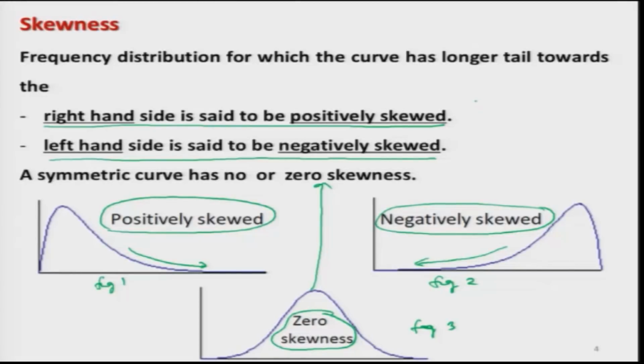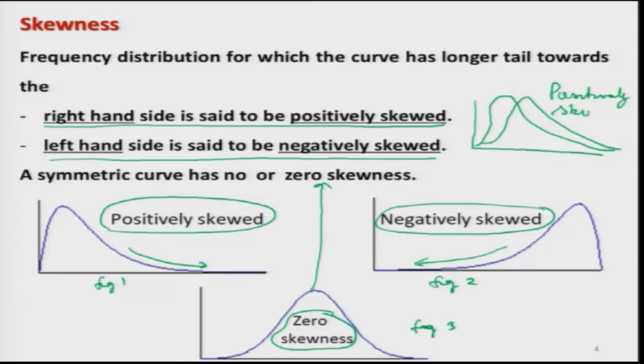Suppose I try to take two curves like this and like this. Both the curves are positively skewed, but their structure is different.